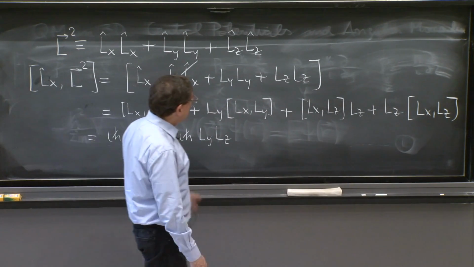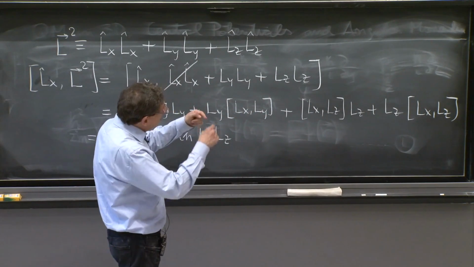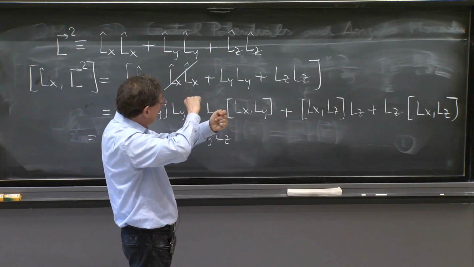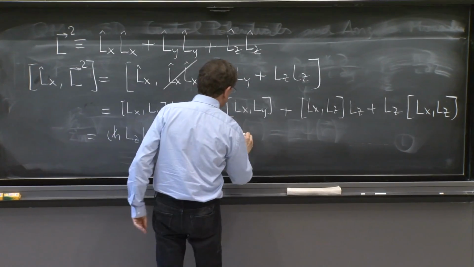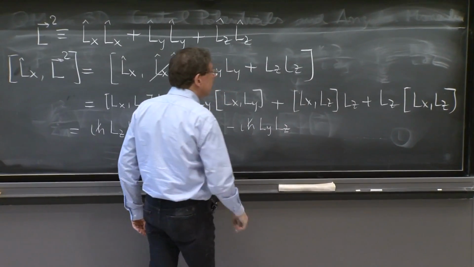But anyway, what is this? Lx with Lz. Well, you should always think cyclically. Lz with Lx is iħ, so this would be minus iħ Ly, Lz.